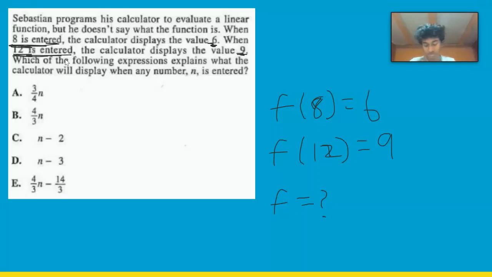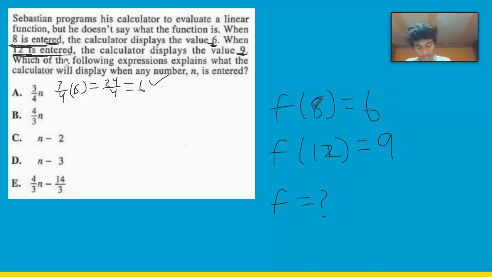This is what we want to find out. So we can simply go through all the choices and plug in 8 and 12 and see which ones give us an output of 6 and 9. If we look at the first one, 3/4 n, 3/4 of 8 is equal to 24 over 4, which is 6, which is what we want.